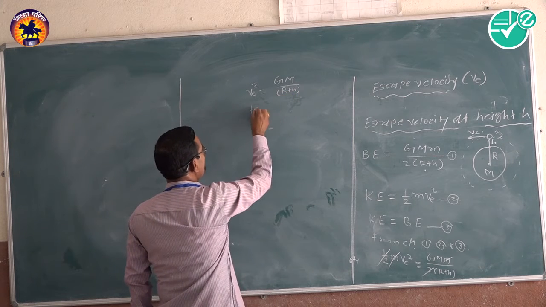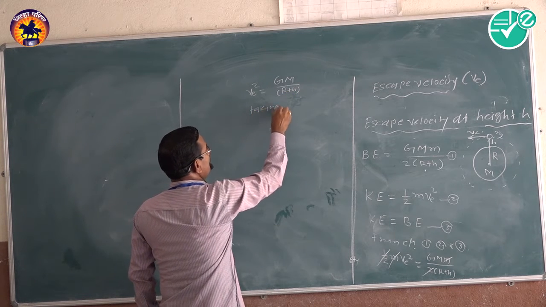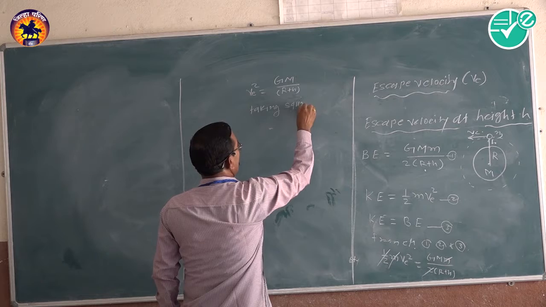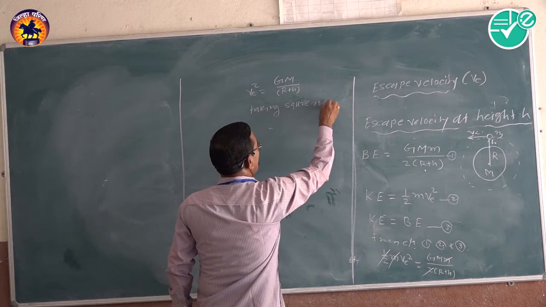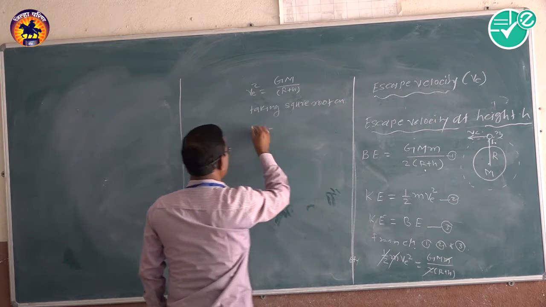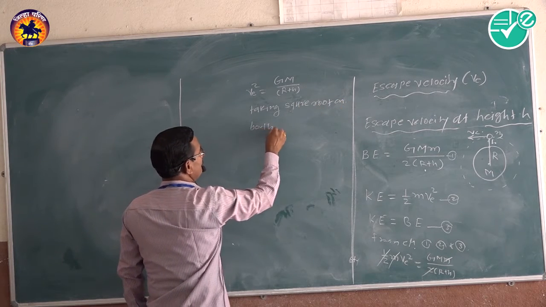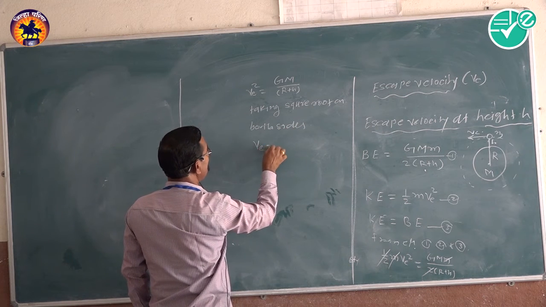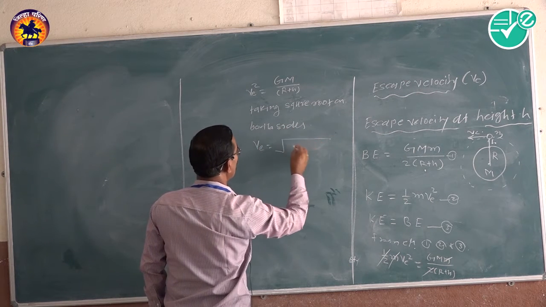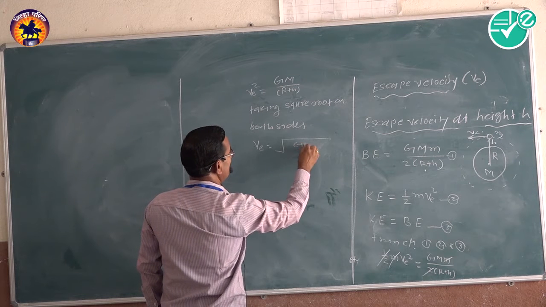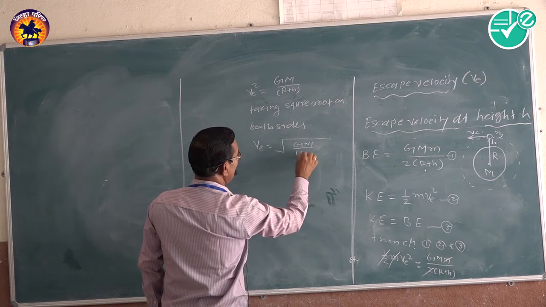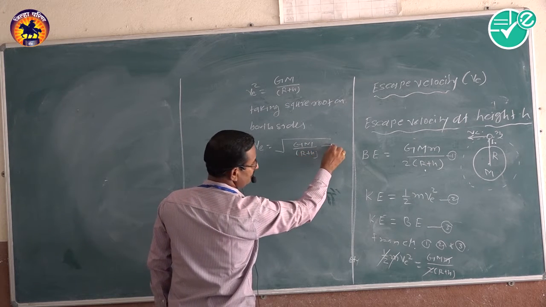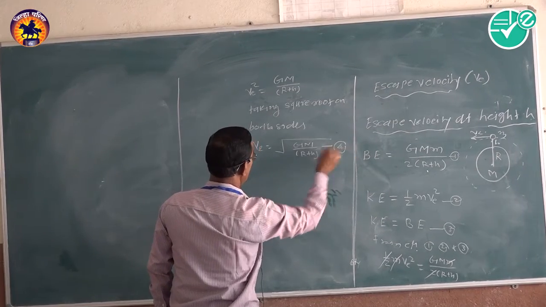Then taking square root on both sides, that is V_e is equal to under root G M divided by (R plus h), and that is equation 4.